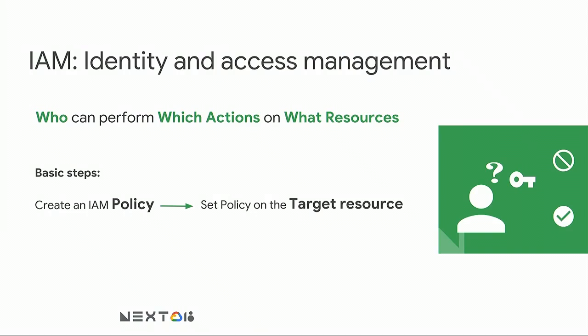So IAM, in a nutshell, is really about giving you the control to set who can perform which actions on what resources. In an actual example, I can say, I want to grant Cash the instance admin role to my test project. That's going to allow Cash to manipulate my instances in the test project, right?